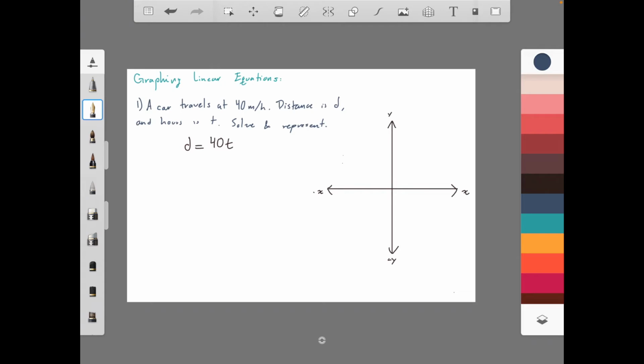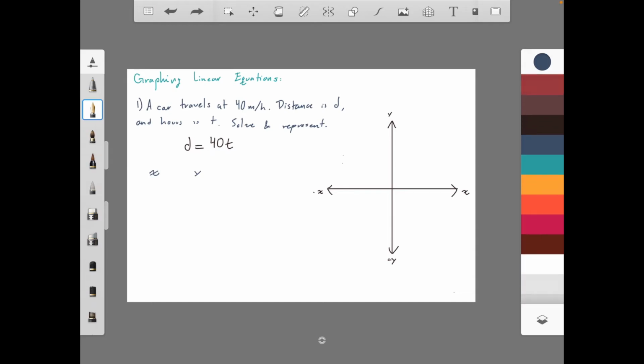So now we say x and y values. Sorry, I'm going to use another color.